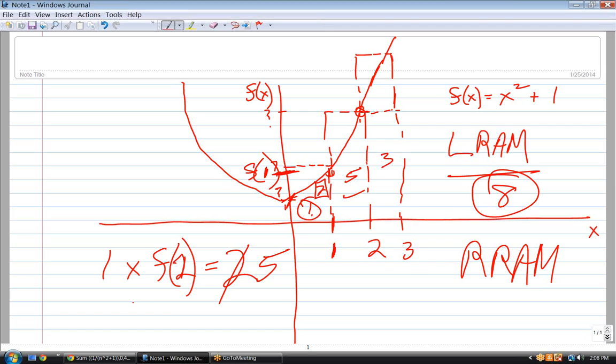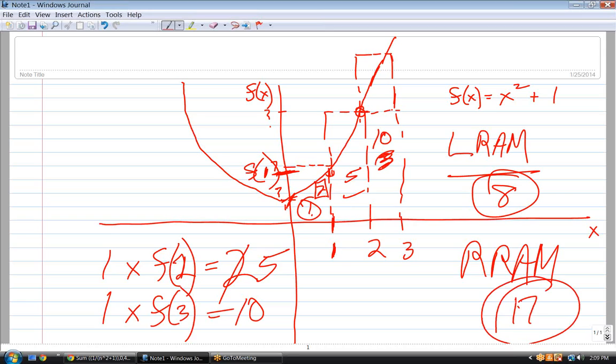And the third one is f of 3, so that would be 10. So with right RAM, we get 2 plus 5 plus 10, 17, a significantly different approximation, but that would be expected because all of this area is above the curve. So we would expect it to be more.